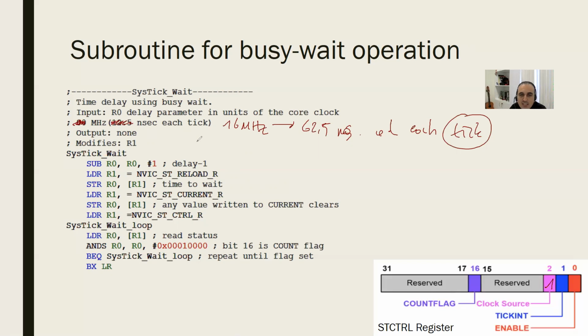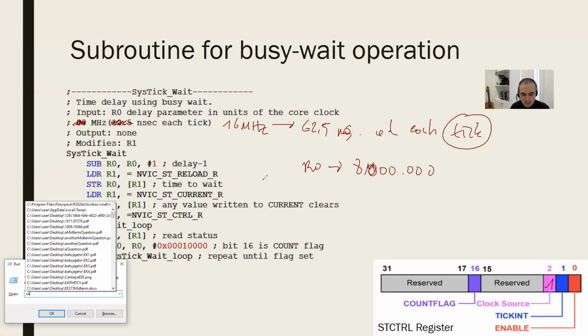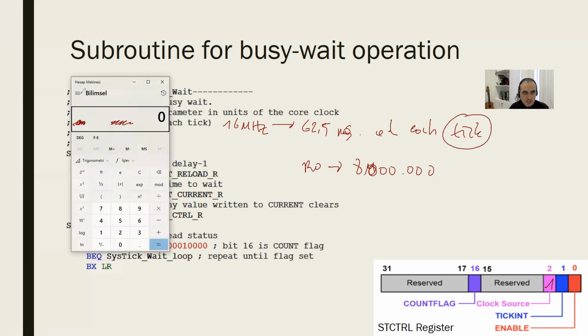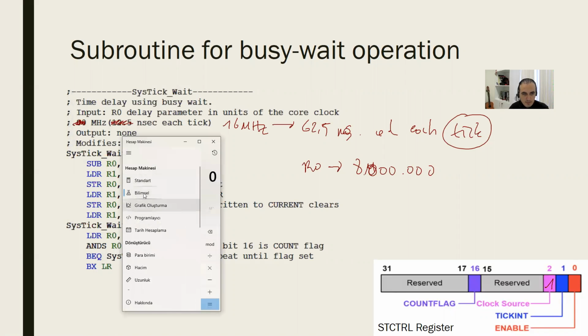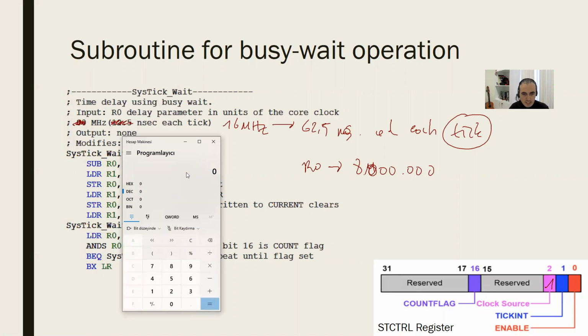Guys, this is a very nice subroutine. It waits for a certain number of ticks, which is written in R0. In R0, what you have is the number that you wait. Imagine in R0, I write 8 million. If I have to write 8 million, what I do is go to the calculator, open Programmer mode, and in decimal I write 8 million.